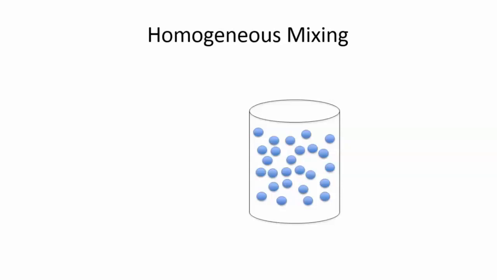and you want to make an analogy between these particles and maybe some homogeneous solution. So if you assume that the particles in this population have the ability to mix very well, this mix will be so good that it will be homogeneous, right?